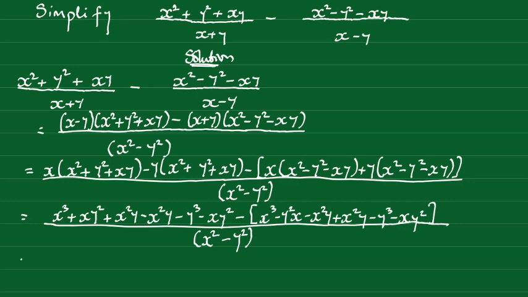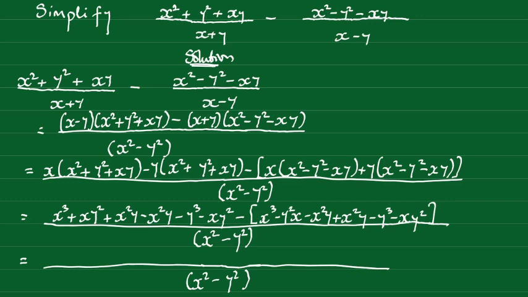Now in proceeding we need to collect like terms. So let's copy out our denominator first: brackets open, x squared minus y squared, bracket close. Now at our numerator we have xy squared plus xy squared, and we'll have minus xy squared.